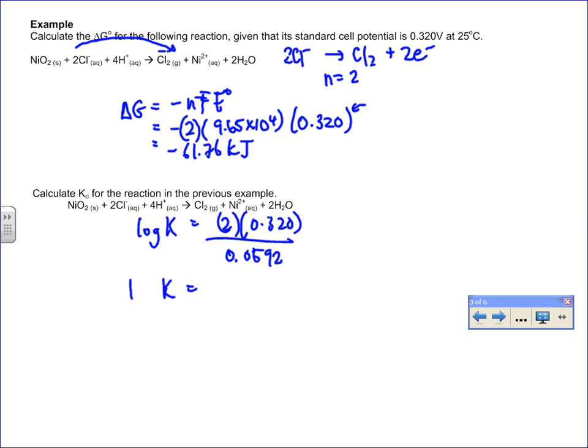And so log of K is 10.81. And then the inverse is 10 to the power of, so K is equal to 10 to the 10.81, which is equal to 6.47 times 10 to the 10. And as expected with a reaction with a positive cell potential, the reaction is spontaneous in the forward direction, so we'd expect it to have a large K value, which it does.